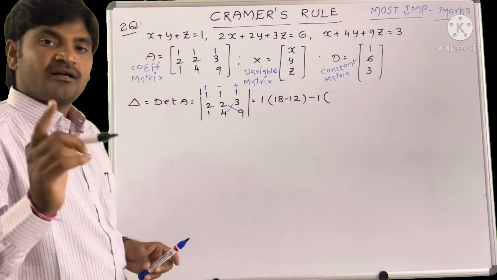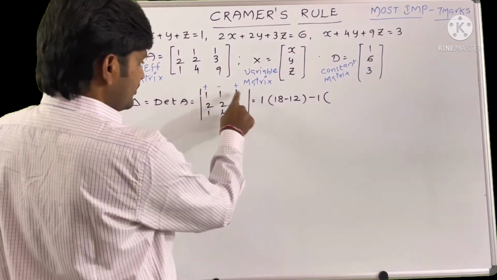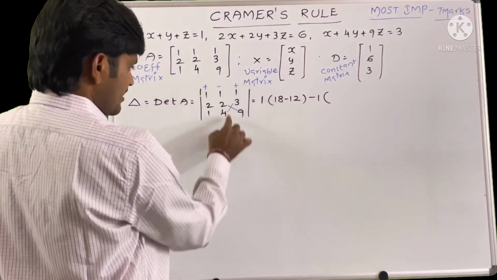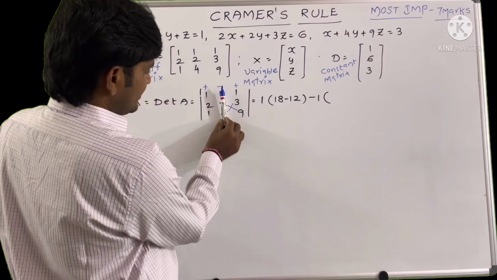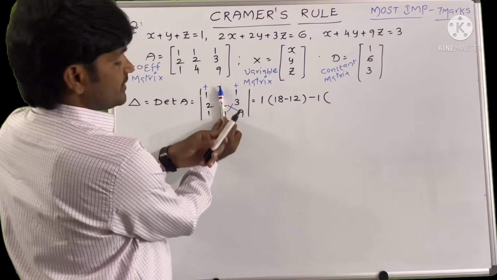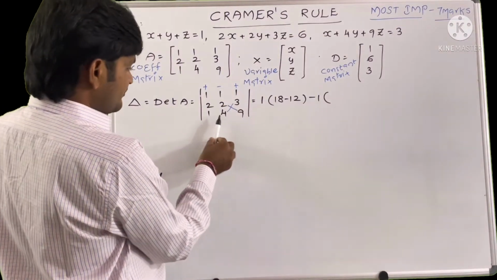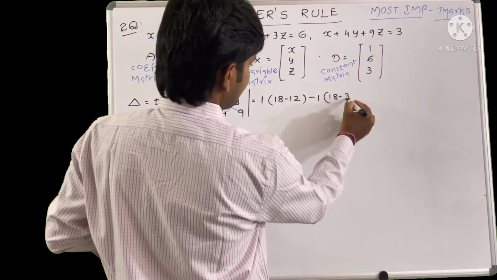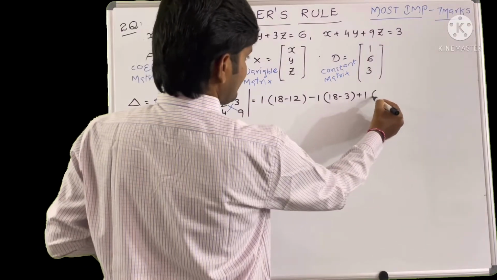Here the row and column of this element are removed, so now we have 2, 3, 1, 9. Using cross multiplication, 2 nines are 18 and 1 three is 3, so 18 minus 3.